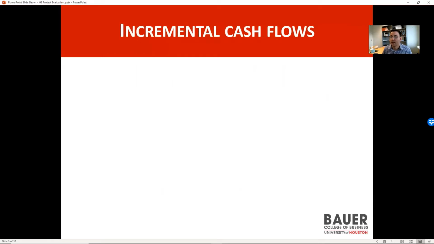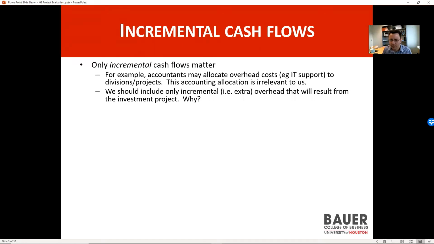So how do we do that? We're going to focus on incremental cash flows. How much do the cash flows of the company change when you take a project, right? That's all that matters now. This is in contrast to what some accountants may want to do, or what they do, in fact. So for example, companies have overhead costs.